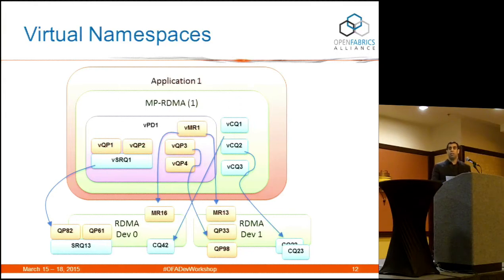So once an application opens a connection, it gets virtual resources: virtual QPs, virtual MRs, virtual PDs, virtual CQs, and it's up to the policy to decide on which underlying device I'm going to create my resources and then map the data path or management operation to. So we can see here, for example, from the efficiency policy in the previous slide, that QP 82 and 61 are being created under the same device.